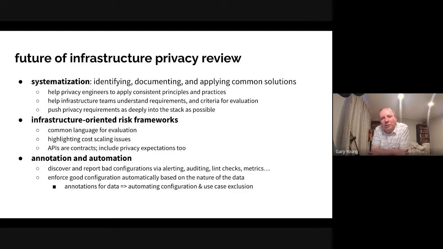So if it's set up to say that it's storing health and medical data, then turning off the encryption at rest flag may not be something you want to allow. So this concept of using annotations on the table definitions is actually a really good way to enable better scaling and automation for lower level systems. The annotations will also help improve your alerting, auditing, and metric story. Next slide.